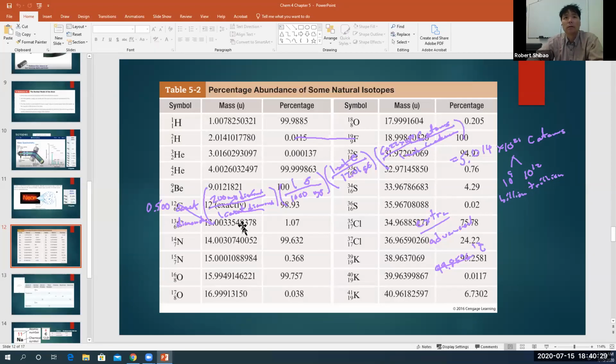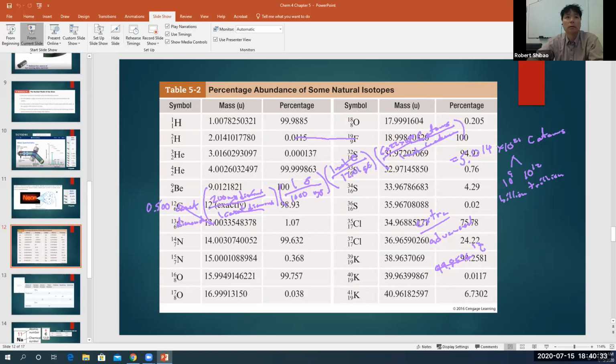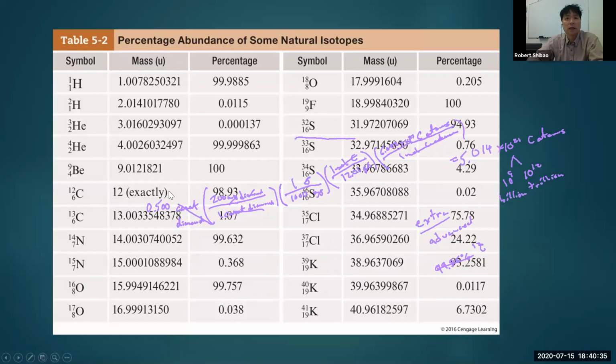Okay. Carbon-12 is 98.93, and carbon-13 is 1.07. All right, so remember that.